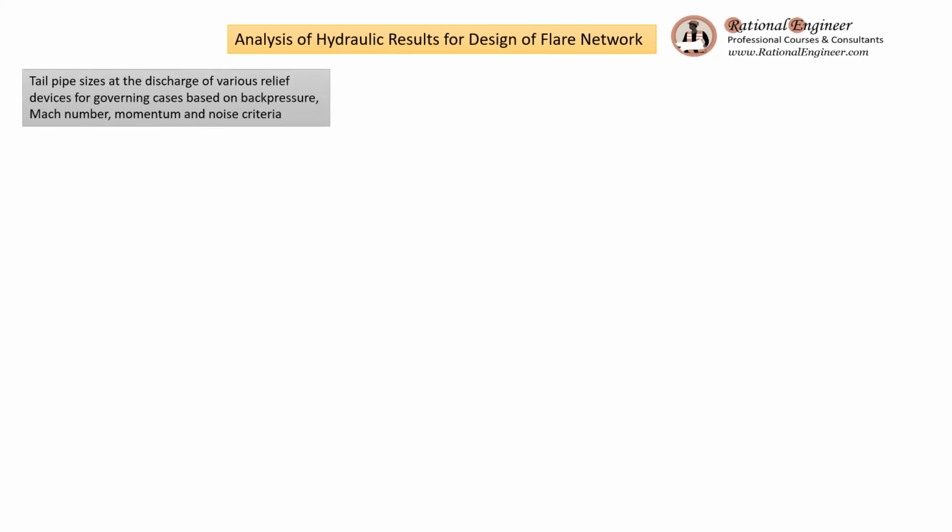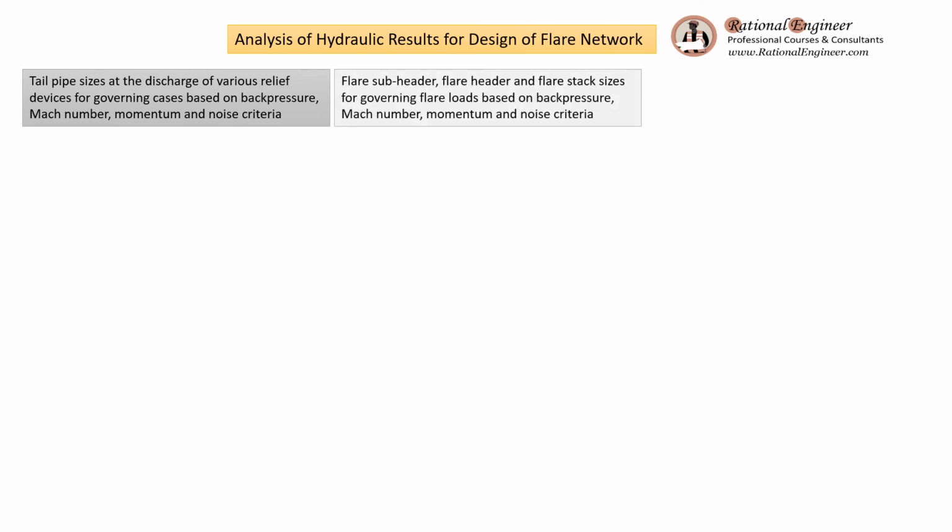Once we have the results from flare network hydraulics and low temperature studies, we need to analyze those results. Such as we need to estimate the required tailpipe size to meet the criteria such as back pressure, Mach number, momentum, noise criteria.